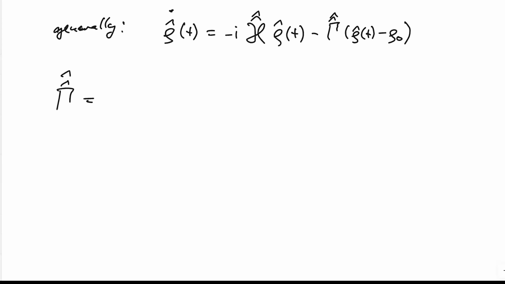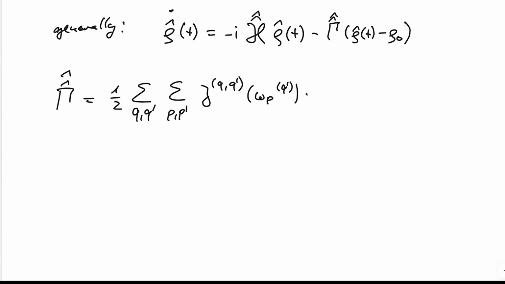So the common relaxation theory predicts that we have this 1/2 times sum over q and q prime, sum over p and p prime, J of q, q prime, omega p, q prime, times A p q prime commutator, A p commutator, rho.